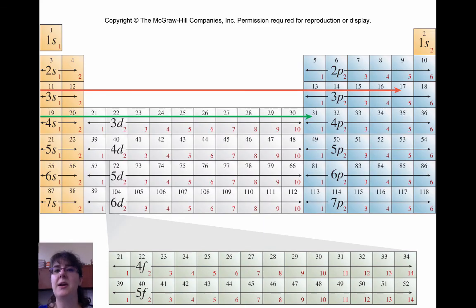So in this way, realize that even though we're talking about quantum numbers and it seems very disconnected from everything else, we are still trying to describe where electrons are, and that still relates back to the periodic table. Even after all of these things that we've done, talking about n and L and shells and subshells, we are still talking about things that relate to the periodic table.